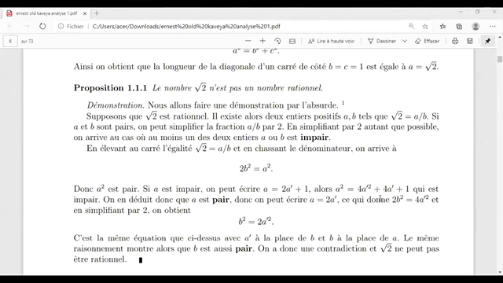So 2B squared is equal to 4A prime squared. We divide by 2. It's going to give us B squared equal to 2A prime squared. Okay, that's how it is.